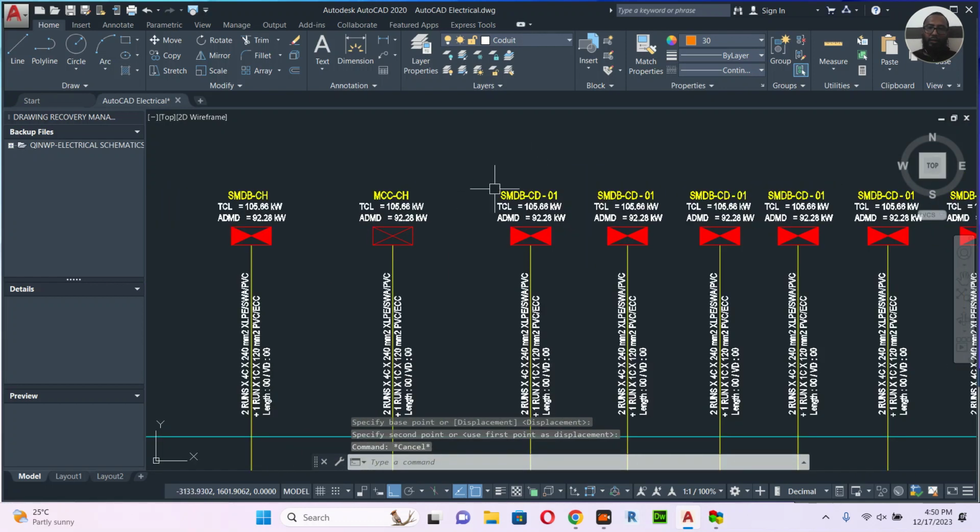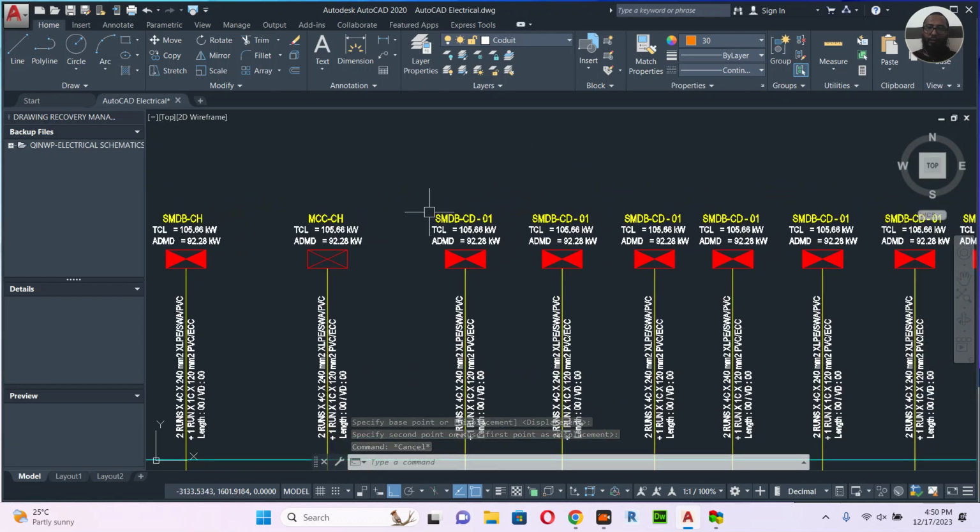Another extra piece of information: some fans have two speeds, and some fans have three speeds. If there is a two-speed fan, there will be 2 cables to that fan with 2 isolators. Let's say this is a 5 kilowatt fan, there will be 2 isolators, one for the normal speed and then one for the highest speed.